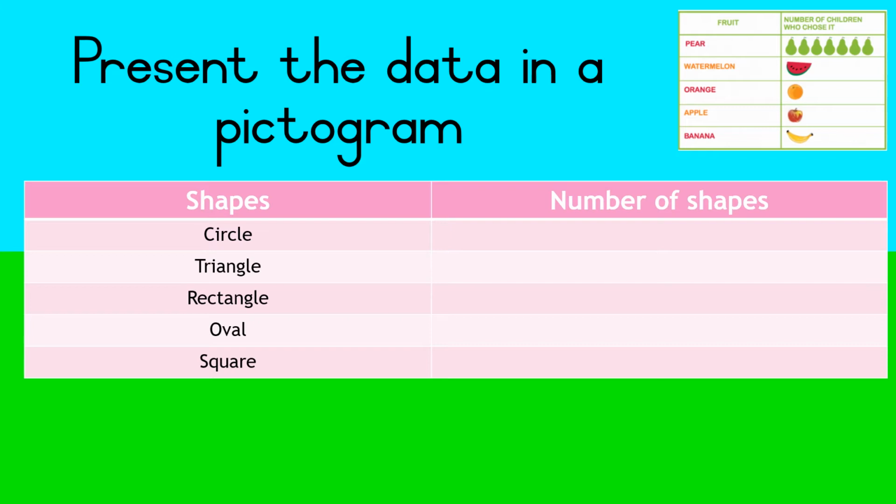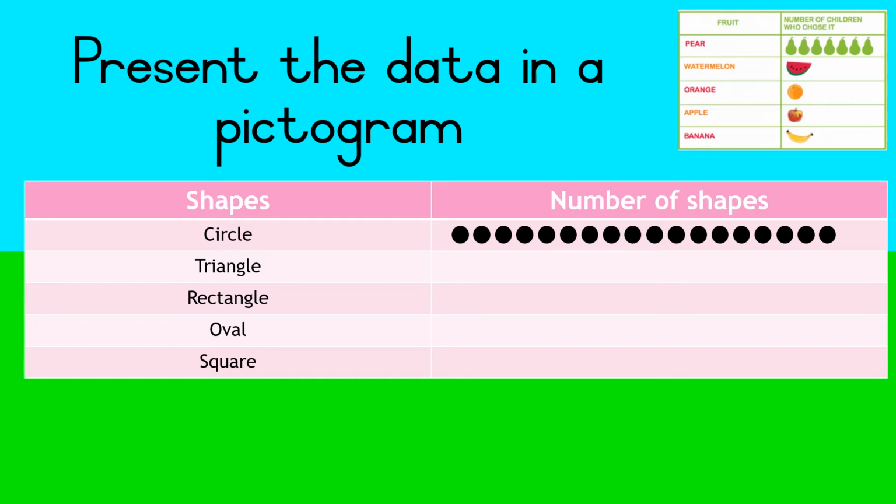So, 1 circle, 2, 3, 4, 5, 6, 7, 8, 9, 10, 11, 12, 13, 14, 15, 16, 17, and 18 circles.